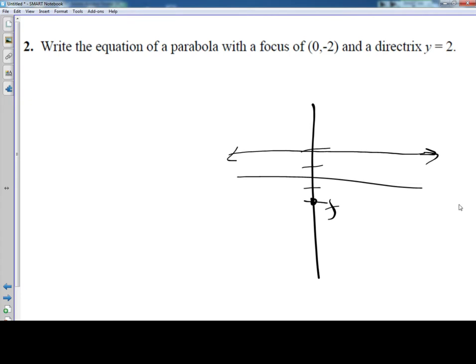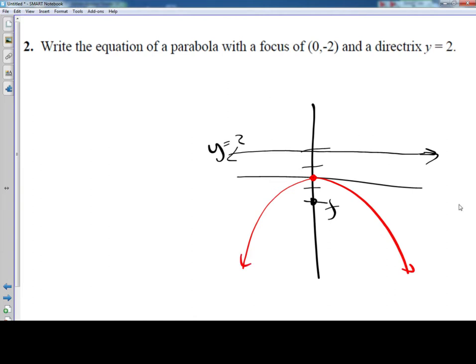Where does my vertex have to be? (0, 0), because it's equidistant. So there it is. Just by looking at this, my directrix is above and my focus is below, so I know this is going to be a negative parabola.